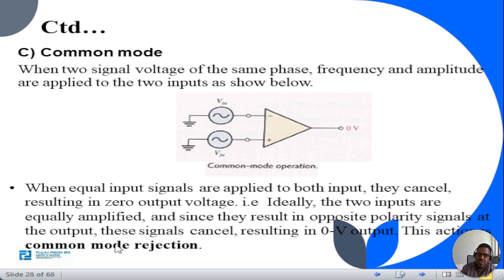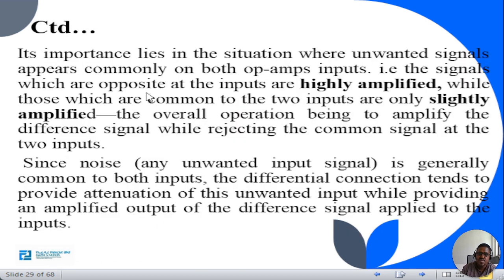This action is the common mode rejection ratio. Its importance lies in the situation where unwanted signals appear commonly on both op-amp inputs. That means the signals which are opposite at the inputs are highly amplified, while those which are common to the two inputs are only slightly amplified.